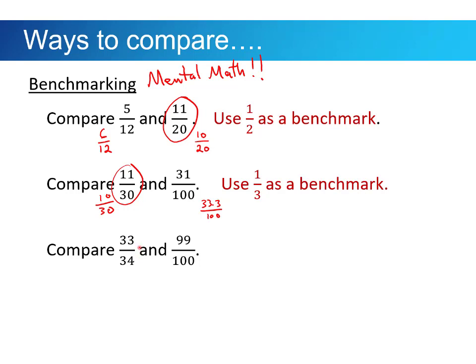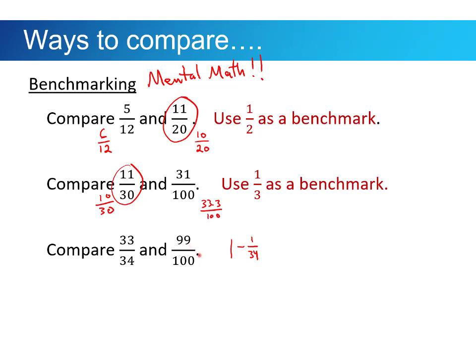33/34 is just 1/34 away from being 1. And 99/100 is just 1/100th away from being 1. So this first fraction, 33 over 34, I can think of that as 1 minus 1/34. It's almost 1, it's just 1/34 shy of being a 1.